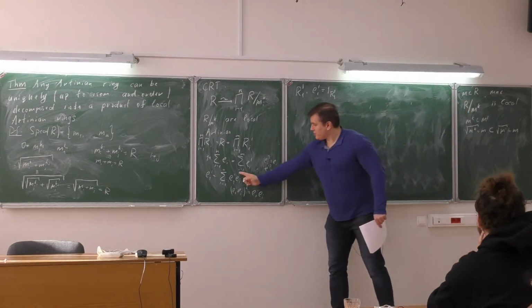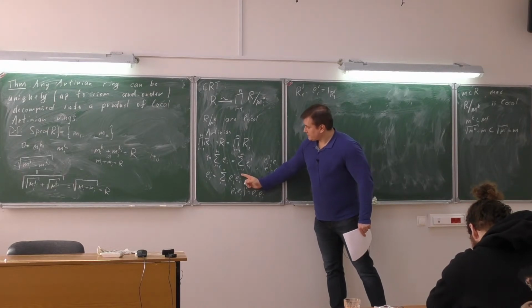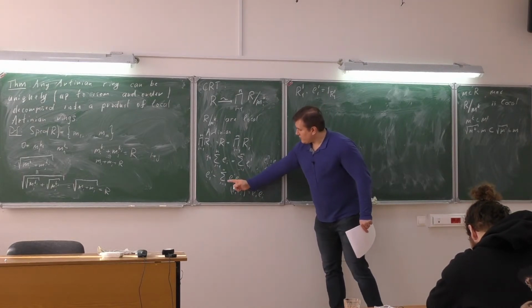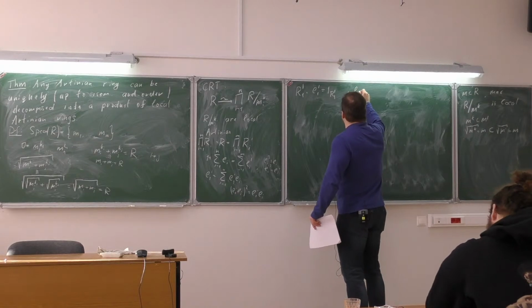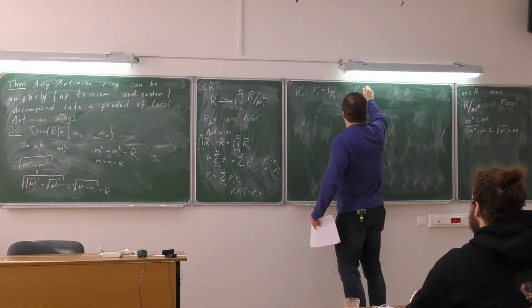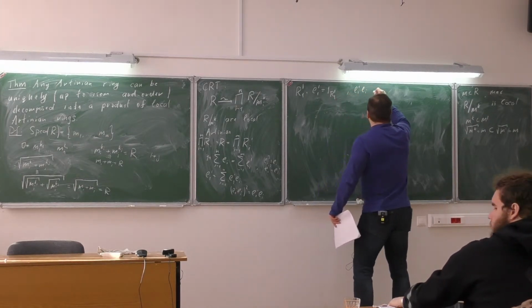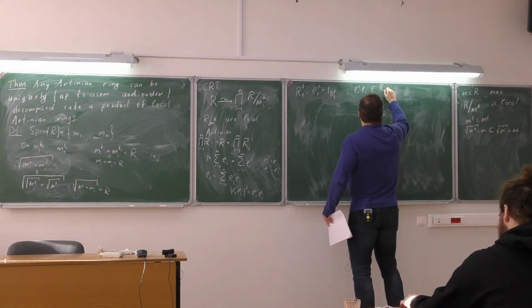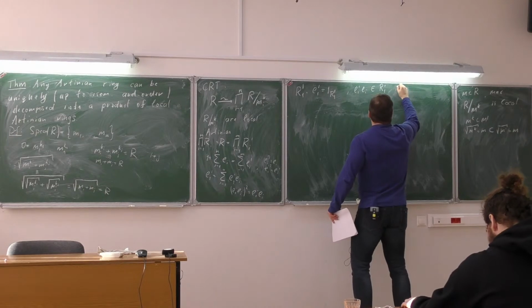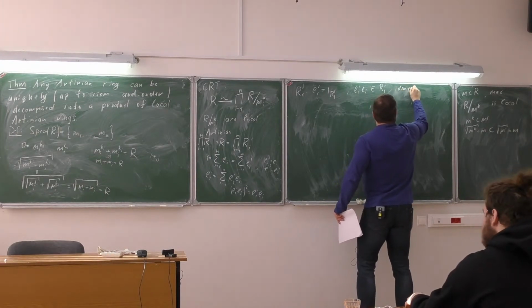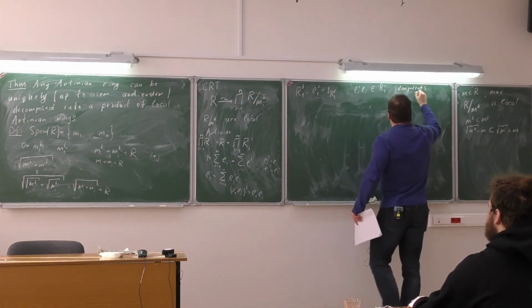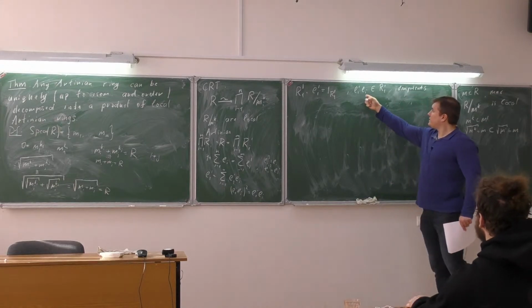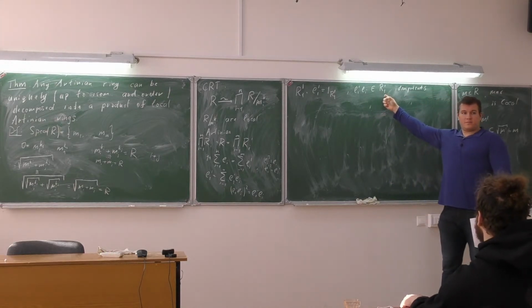Now, if you just look at these elements, E1 prime EI, we see that these are elements in the R1 prime, and these are idempotents. So we constructed a bunch of idempotents in this ring.